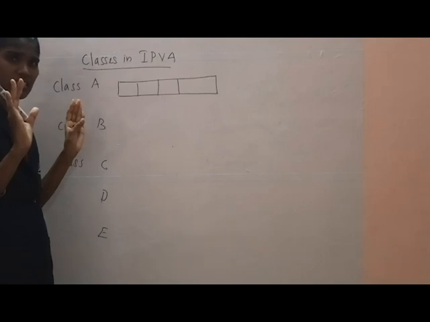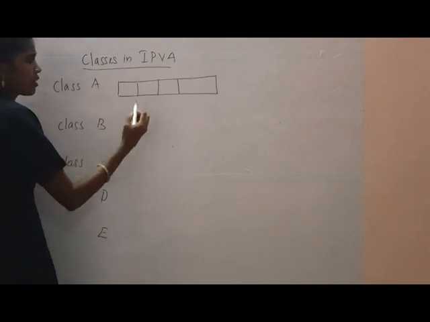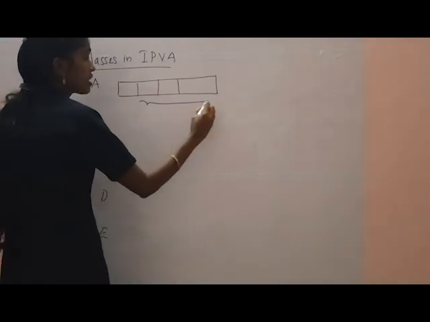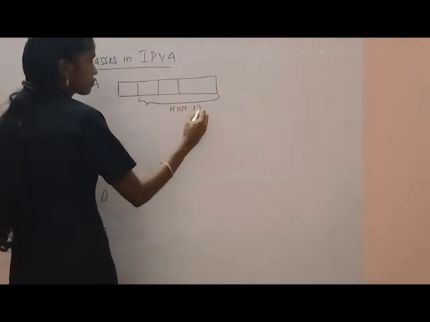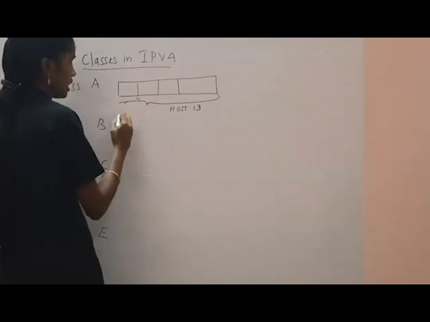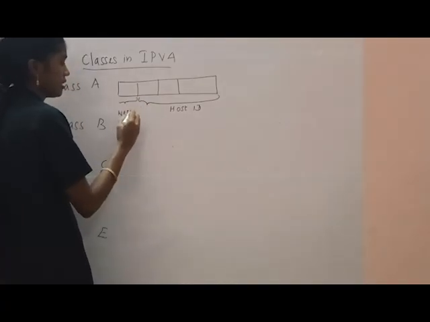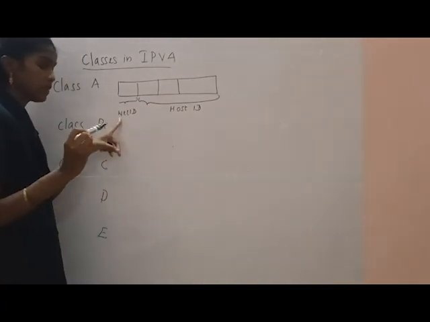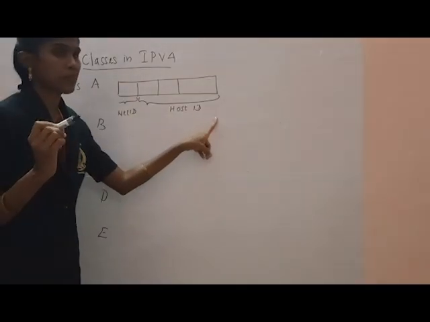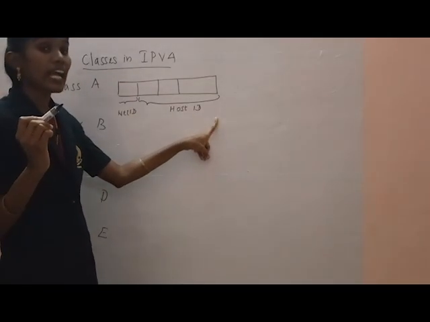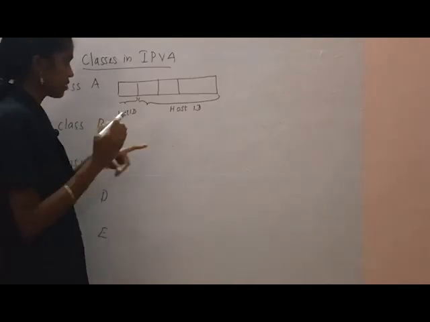Large network in the sense that it has many devices, right? Many devices means these 3 portions will represent the host ID. This portion alone represents the net ID. Net ID means which network it belongs to, and these fields represent the unique ID of the device.